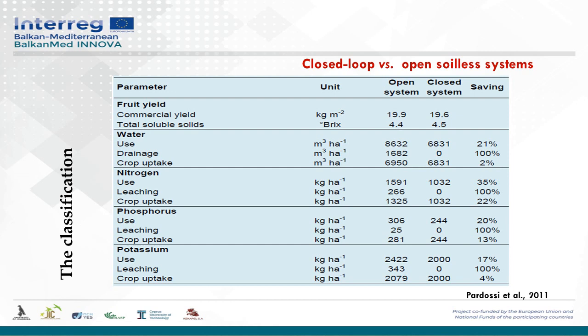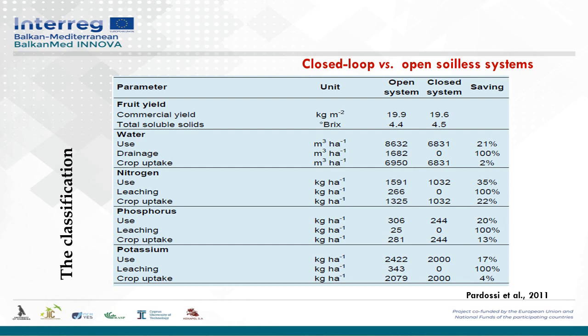And the same with the use efficiency of nutrients: nitrogen, phosphorus, potassium. You can see that there are savings of 35% regarding the use of nitrogen. Out of 1,600 kilograms per hectare used in open systems, only 1,000 kilograms per hectare were used in closed systems.